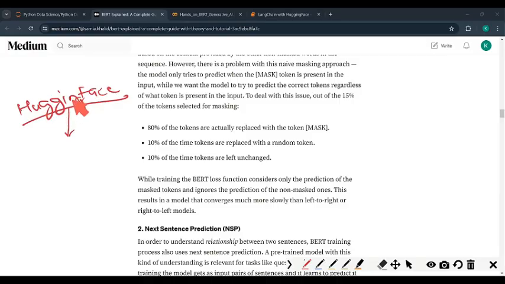In the first two sessions, I showed you some examples, and in those examples we used BERT. So BERT has already been shown to you: how to use it, and the theoretical part of the BERT is shown here.